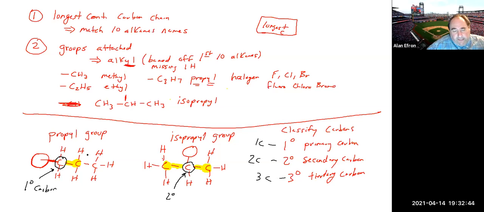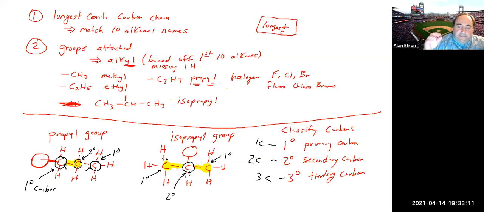This carbon right here, if we look at this carbon, it's attached to 1 and 2 other carbons. That also is our secondary carbon. This carbon at the end is attached to only 1 carbon. That's a primary carbon. This guy over here would be a primary carbon, and this guy over here would be a primary carbon.